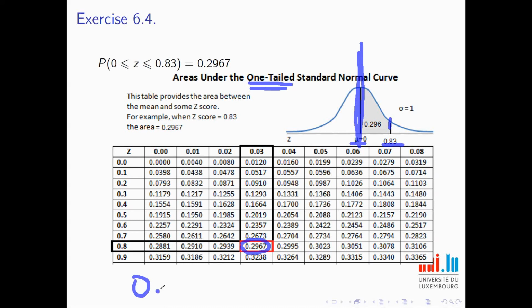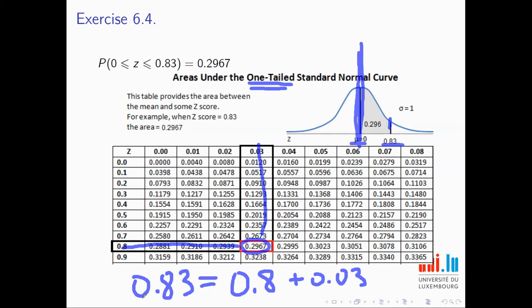Since our quantile is equal to 1.83, we have to decompose it into the tens, 1.8, plus the hundredths, 0.03. And the area under the curve for this quantile is equal to this number. Directly from the table we get the answer.